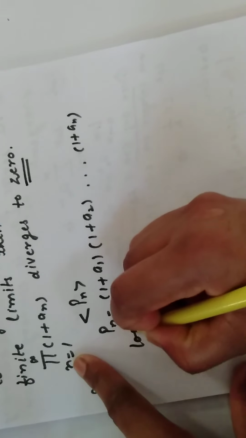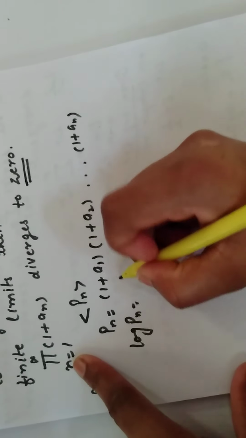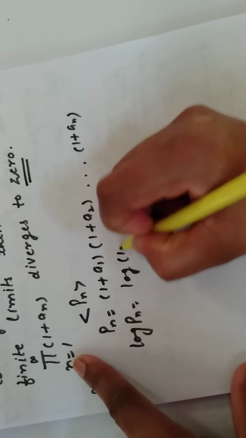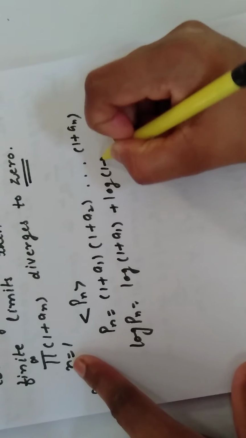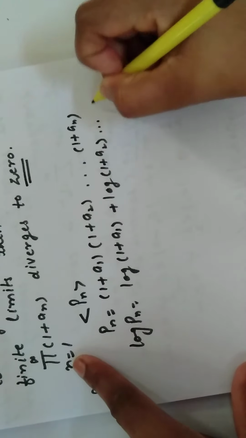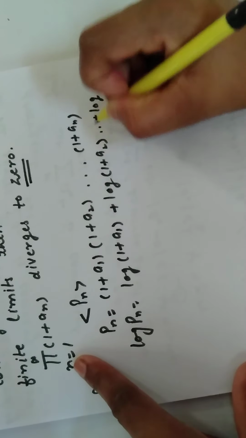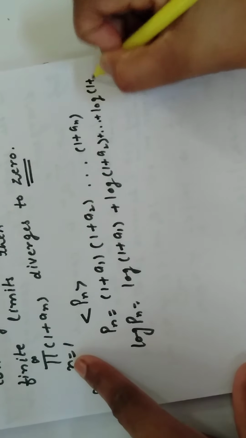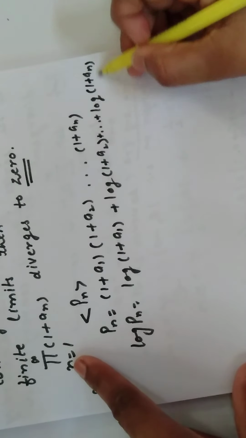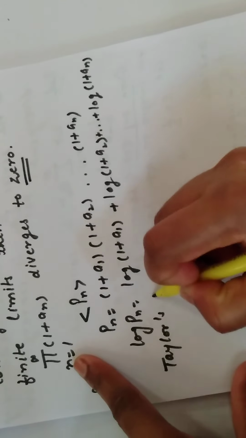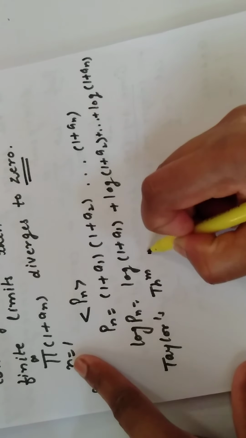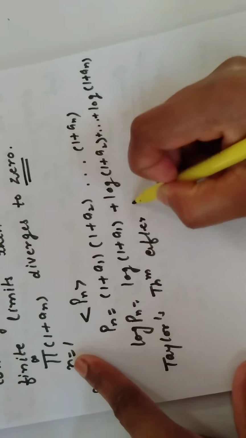So by taking logarithm, log of P_n is log of (1 plus a_1) plus log of (1 plus a_2) up to log of (1 plus a_n). Now we will expand this factor log of (1 plus a_n) with the help of Taylor's theorem with Lagrange form of remainder after two terms.